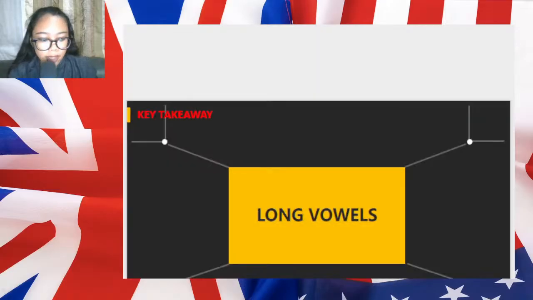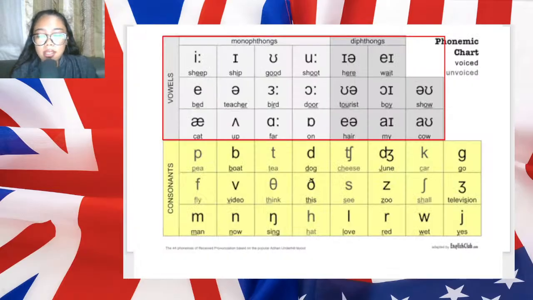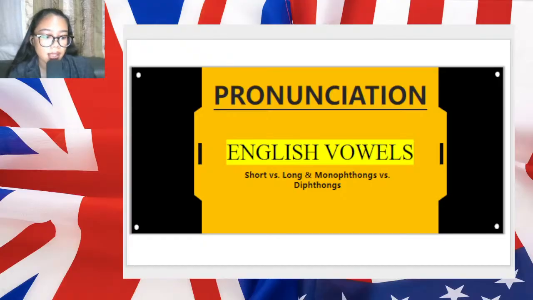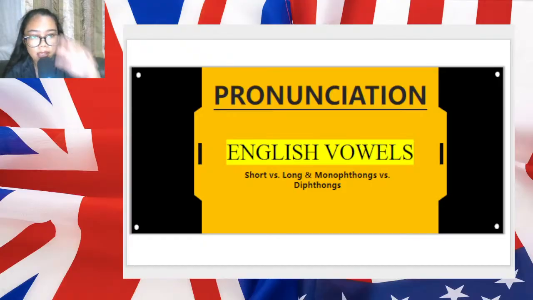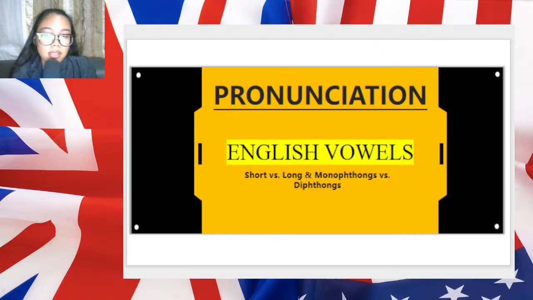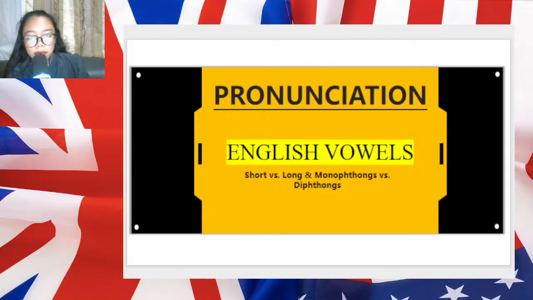Try to practice, if you have time, the different short vowel sounds and long vowel sounds. Search for examples for these particular sounds and then practice them, because consistent practice can really help you.